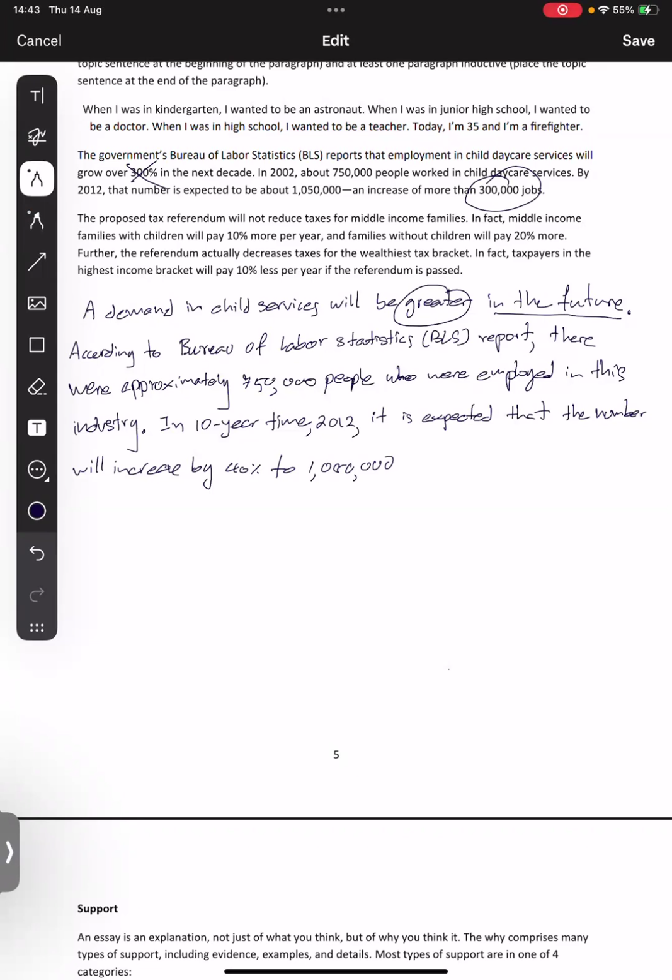It's expected that the number will increase by 40% to, I would say, which means 300,000 people will join the workforce in this industry.